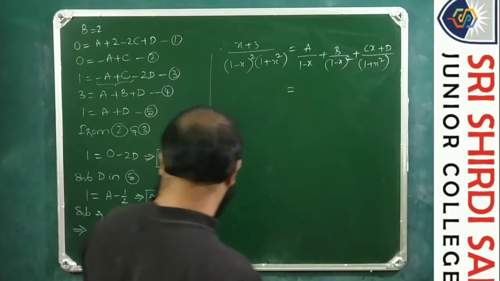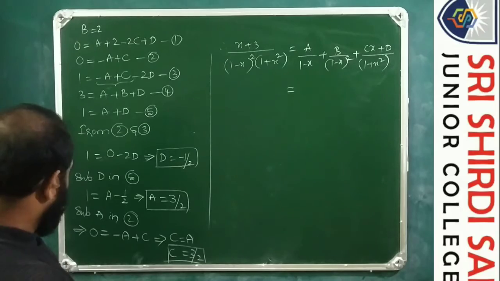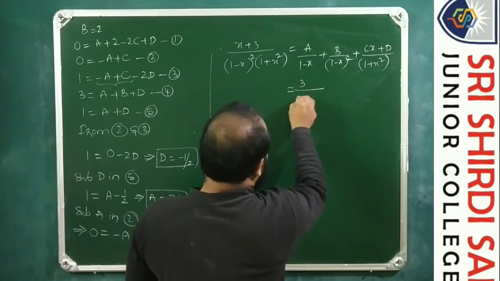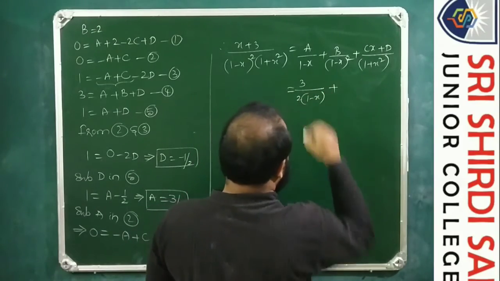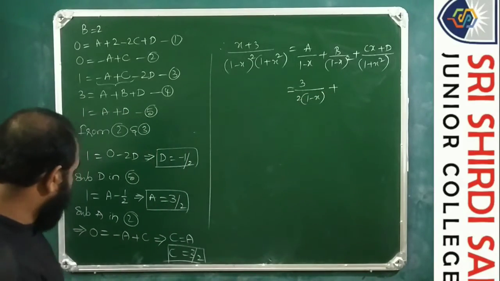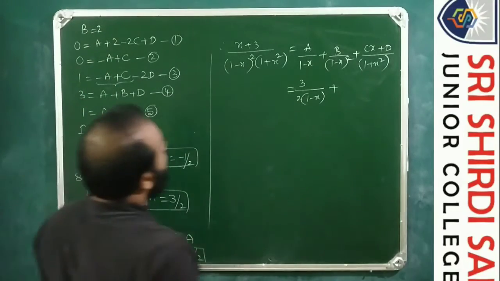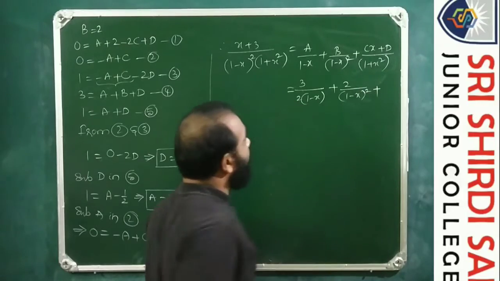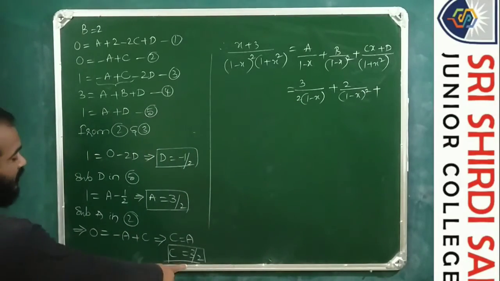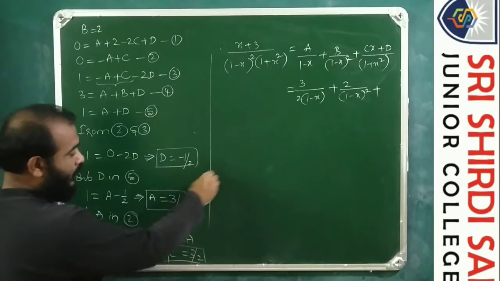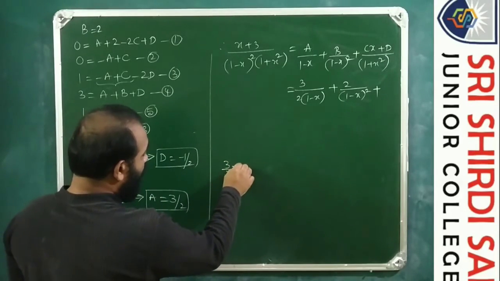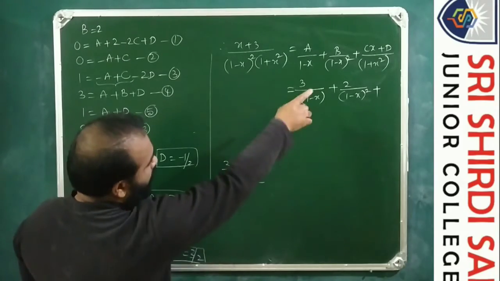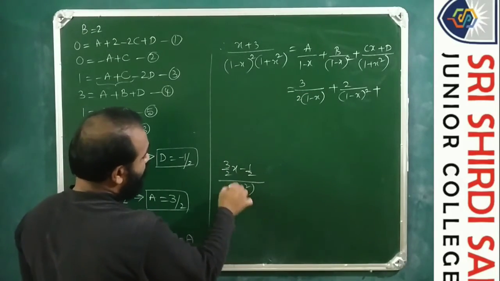Here the value of a is 3 by 2, so 3 by 2 into (1 minus x), plus b value is 2, 2 by (1 minus x) whole square, plus the c value is 3 by 2 and the d value is minus 1 by 2. So 3 by 2 x minus 1 by 2 over 1 plus x square.